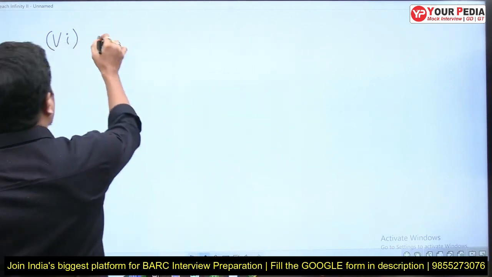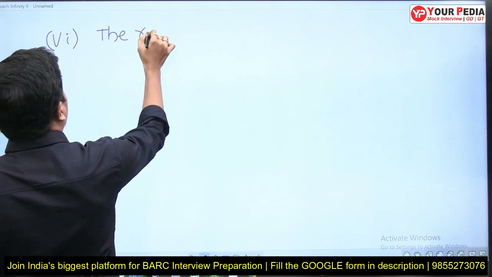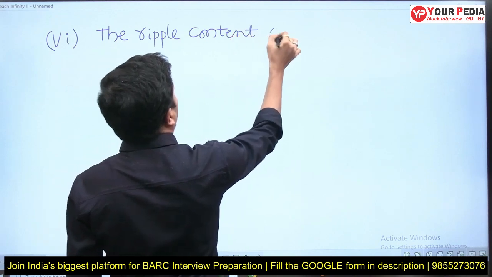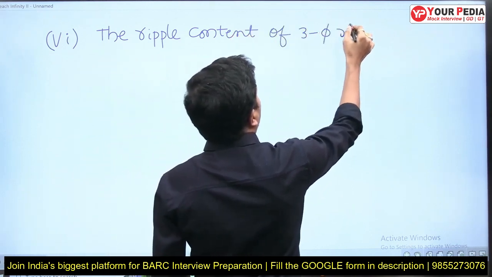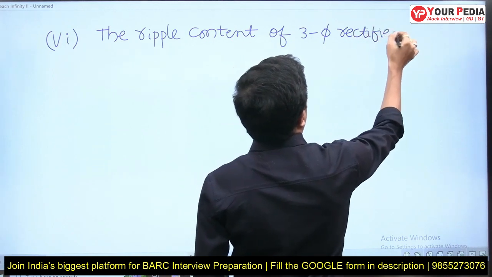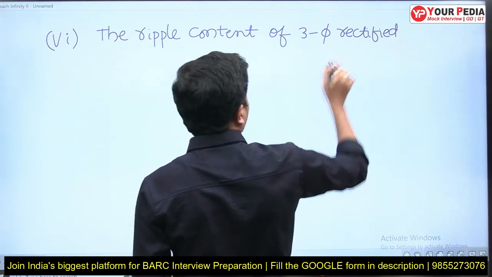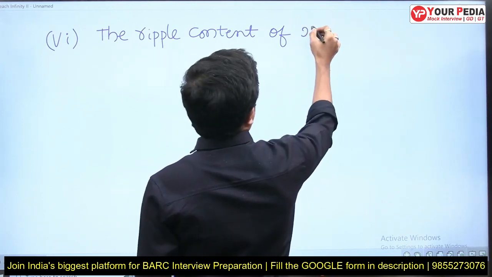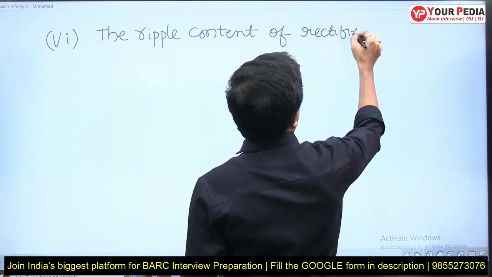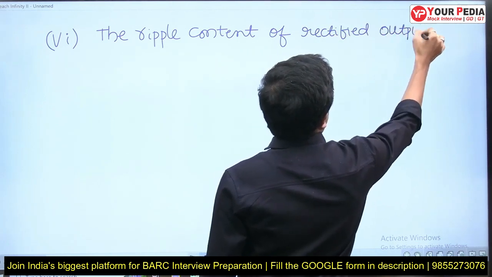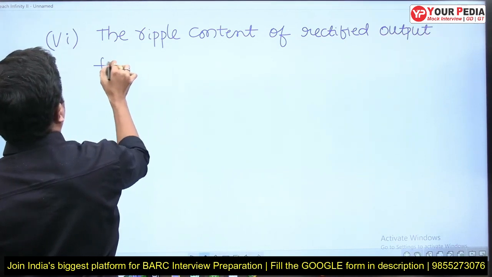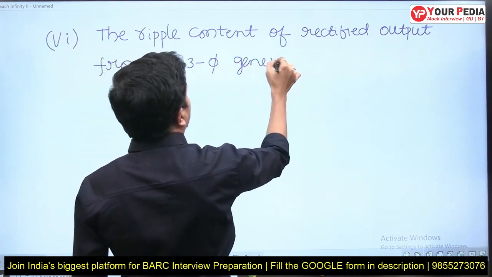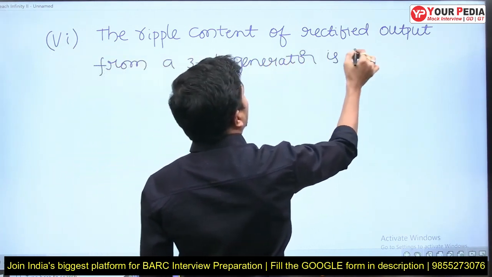Let's see. The ripple content of the rectified output from a three phase generator is 4%.